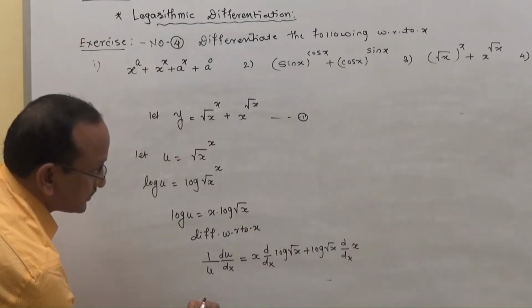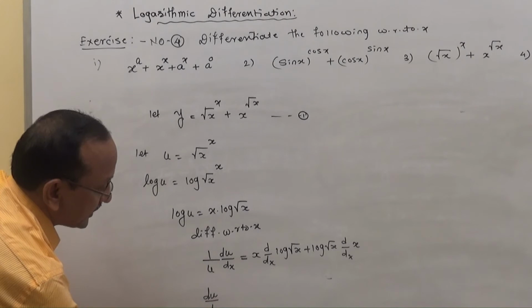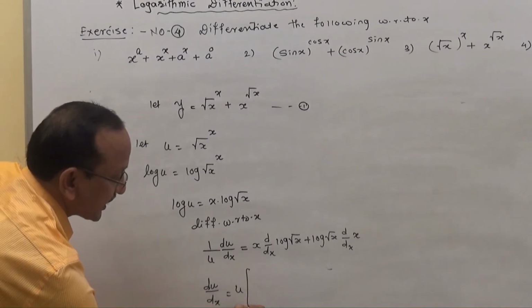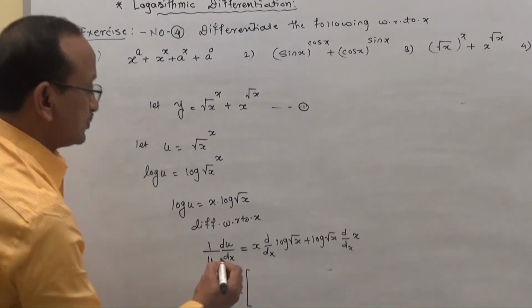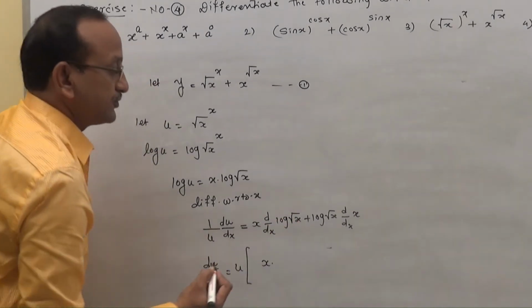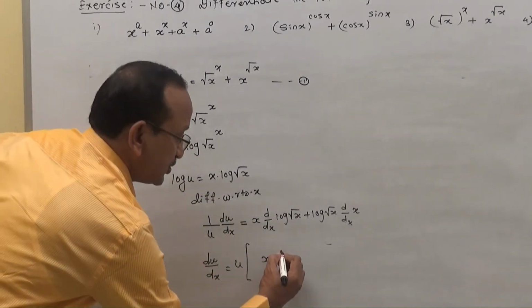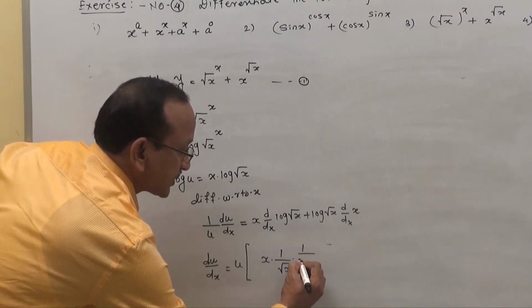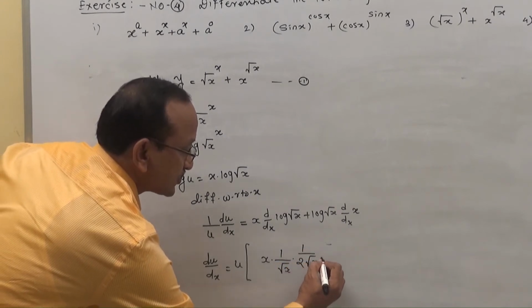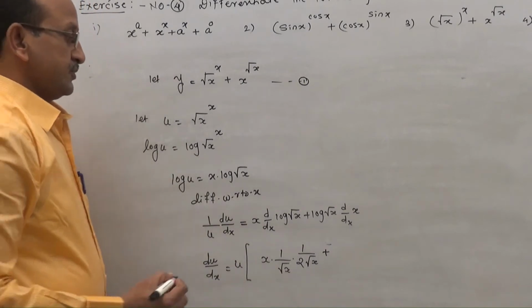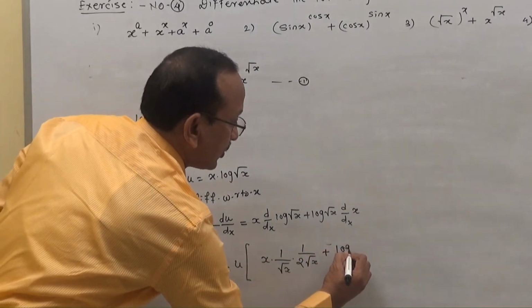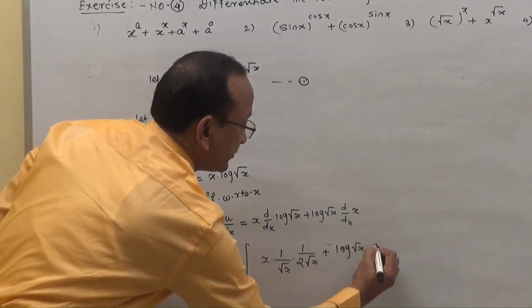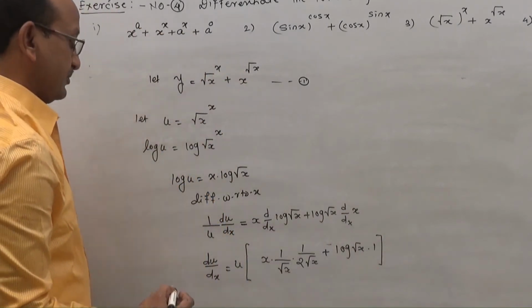So then du by dx is equal to u times bracket x into derivative of log of root x, which is 1 upon root x into derivative of root x, which is 1 upon 2 times root x, plus log of root x into derivative of x, which is 1.